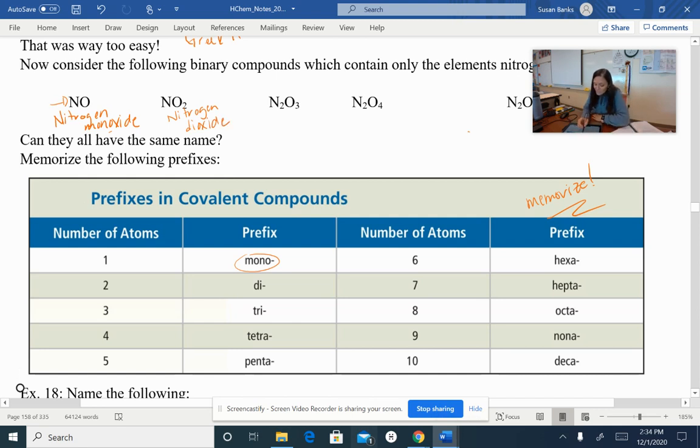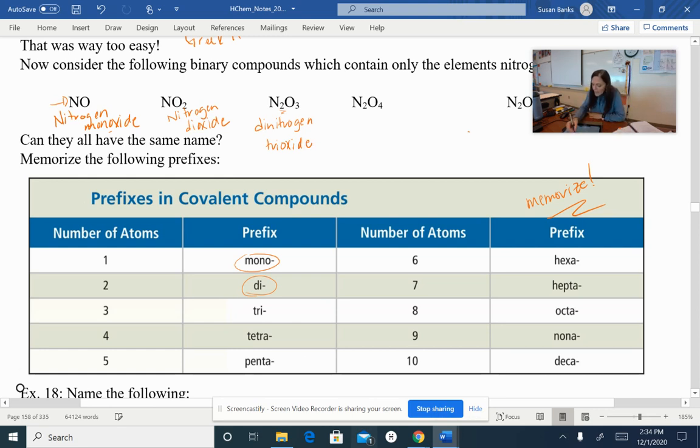This next one, because I do have 2 of the first element, I do need to start putting in the Greek numbers. So the Greek number for 2 is di. So I'm going to say dinitrogen trioxide.